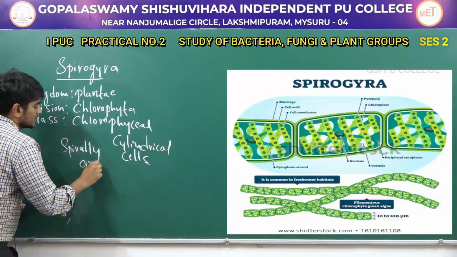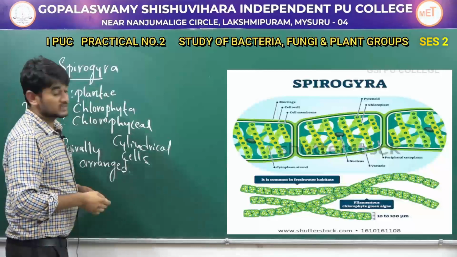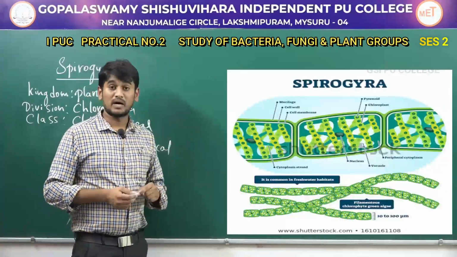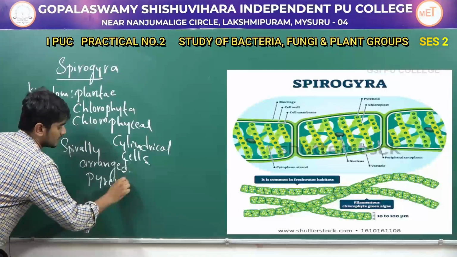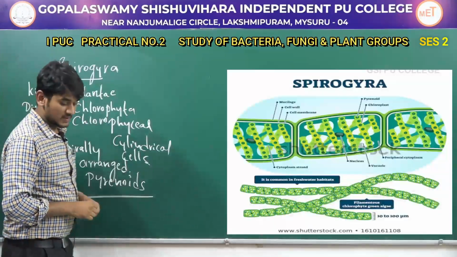In between the chloroplast, there is a spherical protein structure that is called pyrenoids. This is all about Spirogyra.